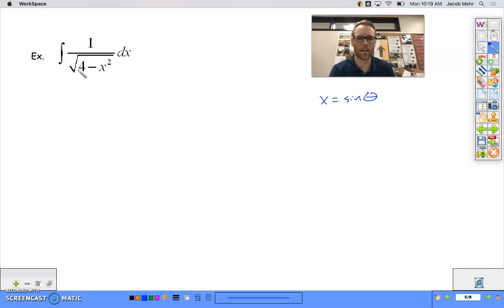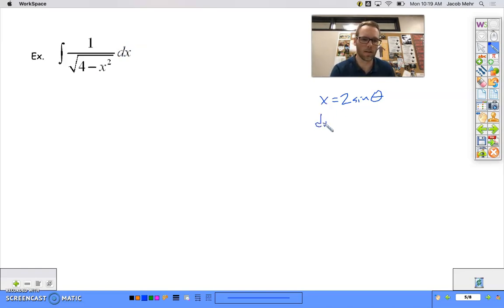But then that doesn't get us that 4 there, does it? Now, we have to square our x. So what's going to get me a 4 when I square this? A 2 is going to get me that 4. So I'm going to let x equal 2 times the sine of theta. We'll work through it and make sure it works out, but let's just do the rest of our substitution right now.